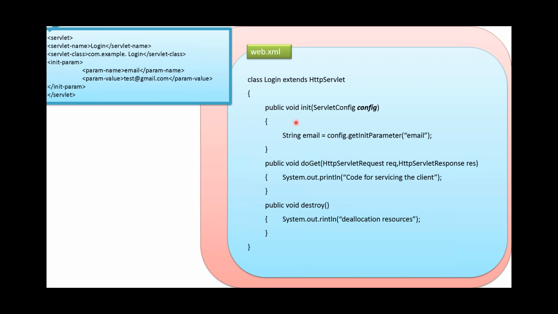So what we are doing is public void init(ServletConfig config). You have to read this information in your servlet. In order to read this, you have String email = config.getInitParameter("email"). So it reads this parameter.